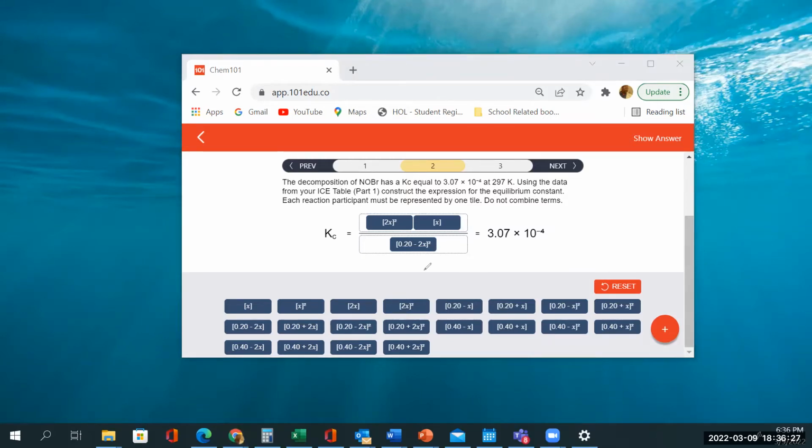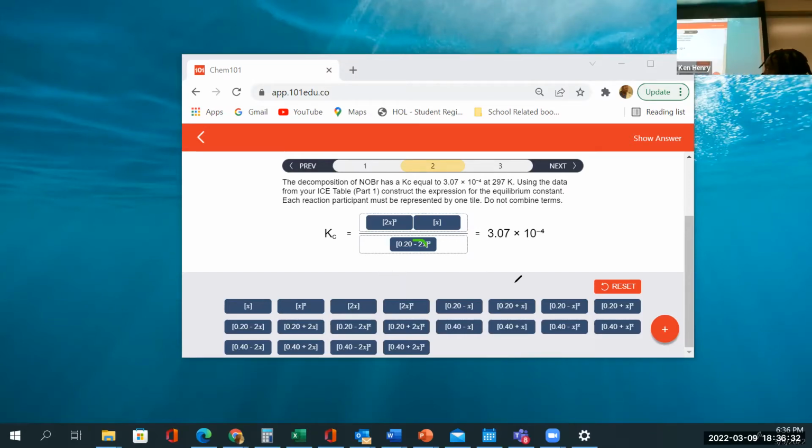Yeah. So I'm going to neglect this here, right? So then we'll get 0.2 squared over 4x cubed, and that equals 3.07 times 10 to the minus 4.